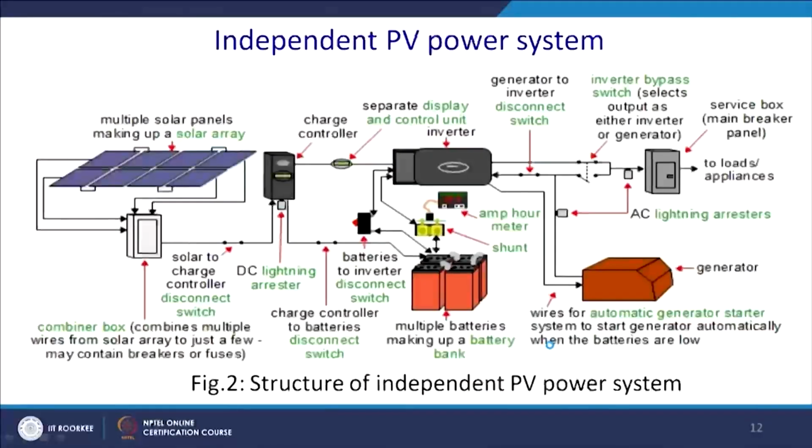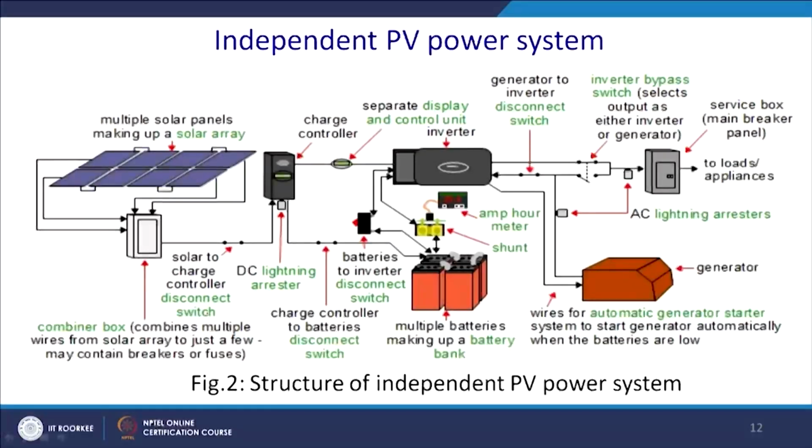Now, this is the independent PV power system. You have multiple solar panels put in series and parallel to meet a particular current and voltage demand. This is a combiner box, which combines multiple wires of the solar array with circuit breakers and fuses.